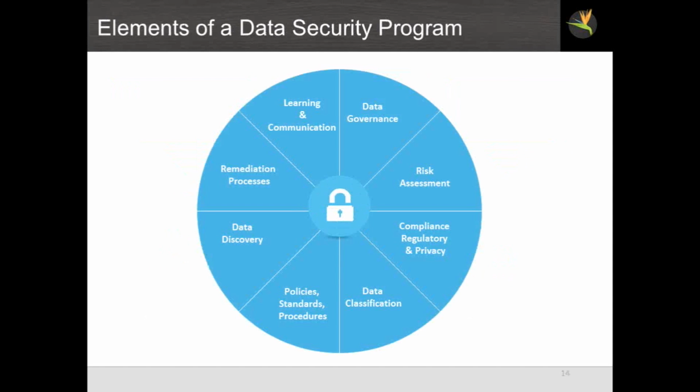The elements of a data security program are shown here. We like to show this as a wheel to help us emphasize the fact that it's a cyclic and repeating process. The elements include things like data governance, risk assessment, compliance, regulatory, and privacy considerations, policy standards and procedures, and actions that you take like classifying data, undertaking a discovery of where your data is, the remediation of issues that you find, and the all-important, we can't emphasize this enough, learning and communication.